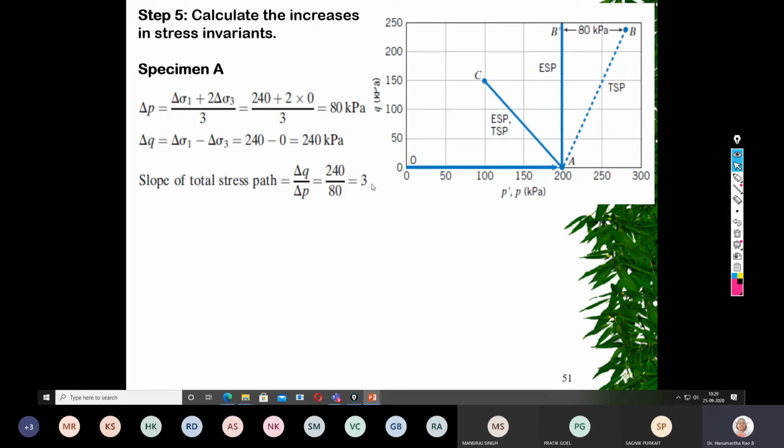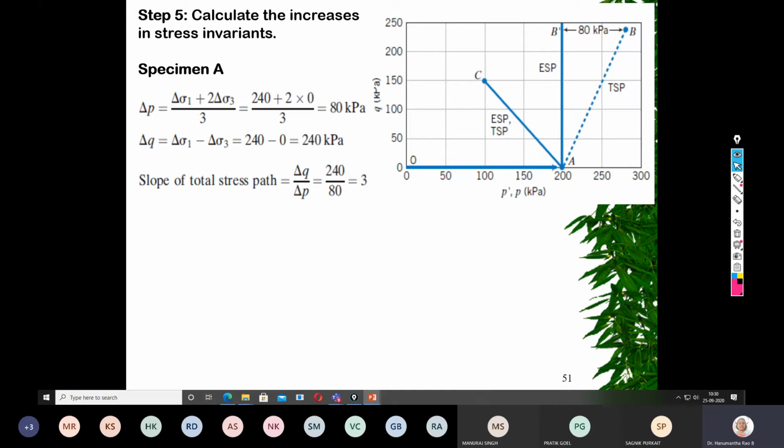So now we have another point for specimen A, that is delta P is 80 kilopascal and delta Q is 240 kilopascal. Correspondingly, identify this point and indicate it on the stress path diagram.